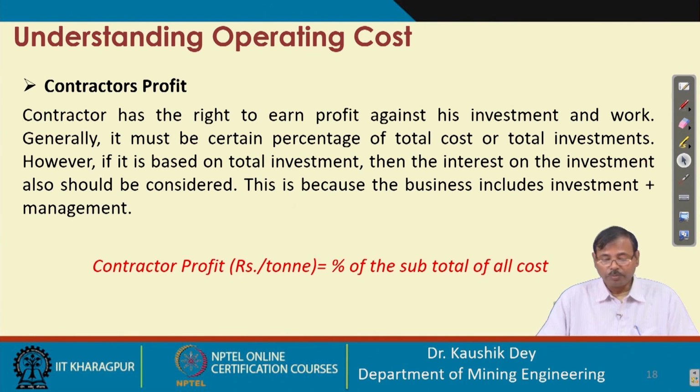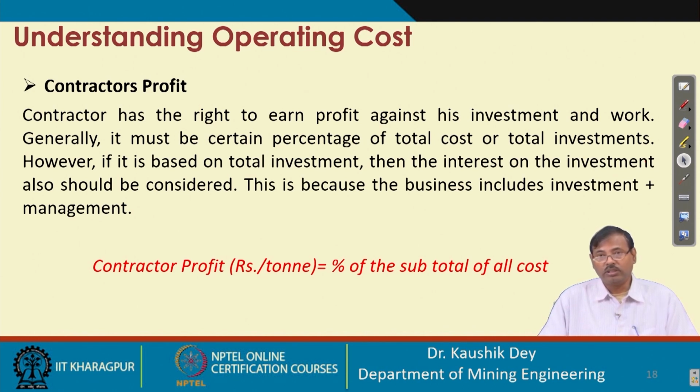So, the contractor profit is basically a percentage of the subtotal, and here the consideration is that the contractor must consider interest and depreciation in its capital cost, because the amortization of his capital is important. It is not acceptable that he has invested some money procuring the capital, and at the end of the project he does not have that capital with him.